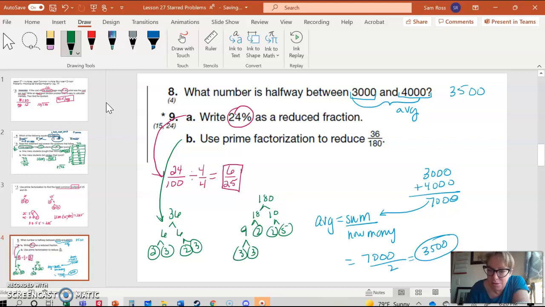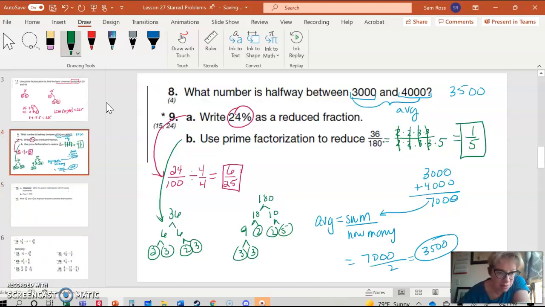Okay. So up here, let me write 36 is 2 times 2 times 3 times 3. And then I have 2 times 2 times 3 times 3 times 5. So all of this is going to cancel, and I end up with 1/5 as my reduced fraction. Alright.